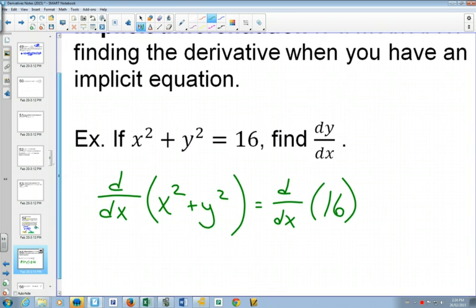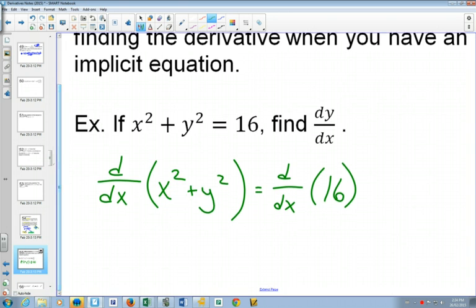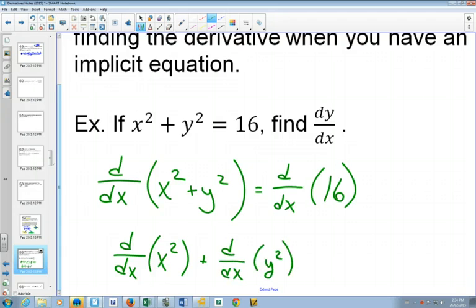Okay? Now, when you're taking the derivative of x squared plus y squared, from our rules before, that means you have to take the derivative of x squared, because we had a rule saying if you're adding functions, you can take the derivative of each one separately, right? Plus, we're going to take the derivative of y squared.